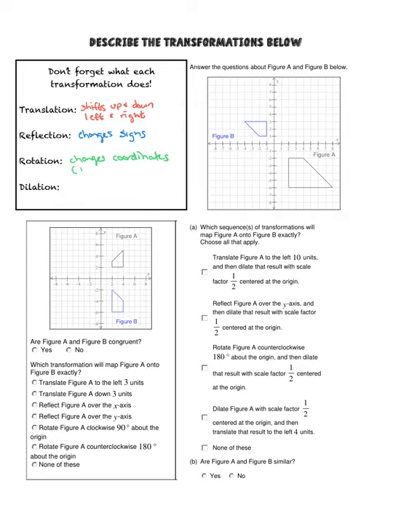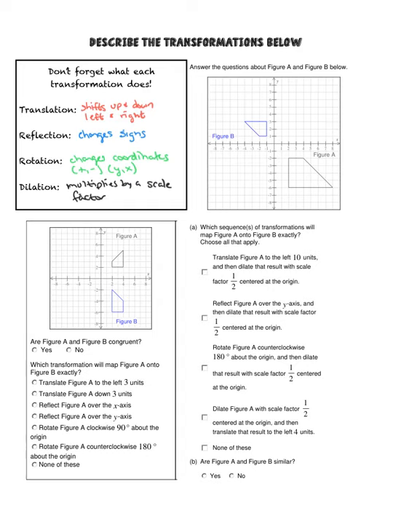It's positive, negative, y, x. Those are just examples. And then dilation multiplies by a scale factor. So you've learned how to do all 4 of those things in this one unit.